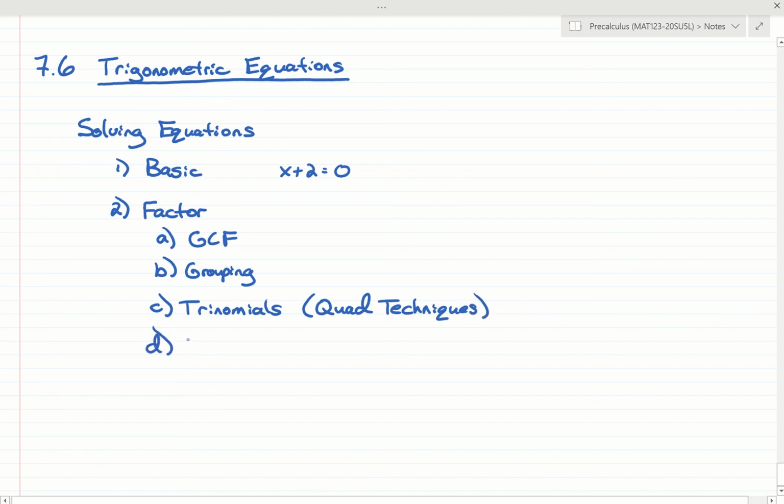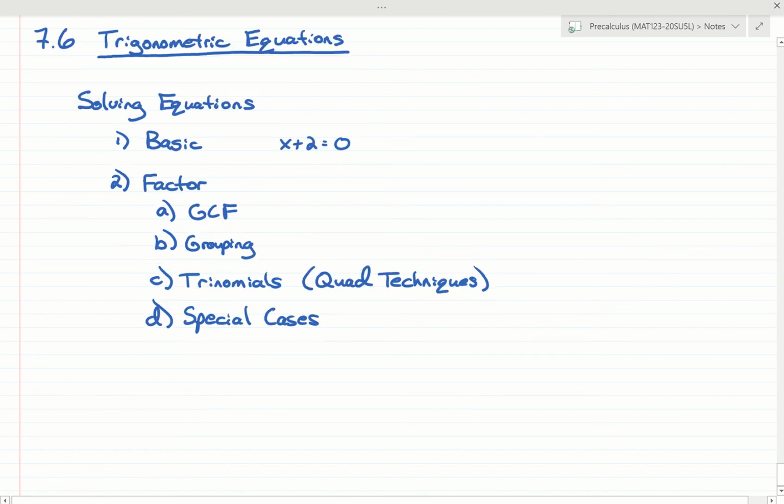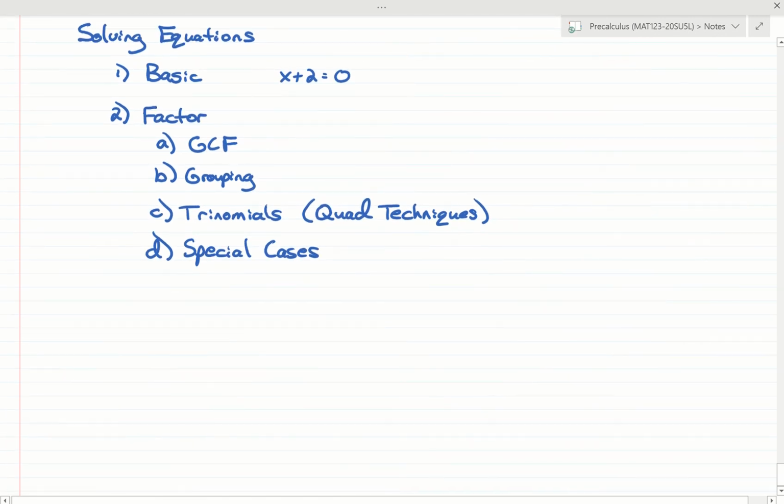And we also have special cases. Now with regular equations, we also had the rational root theorem, we had the location principle. We're not going to need to do any of that kind of stuff here, but let's get into some problems.